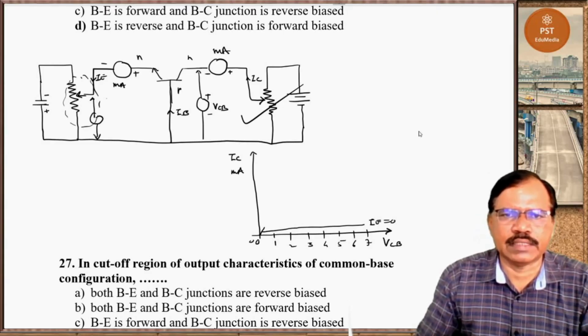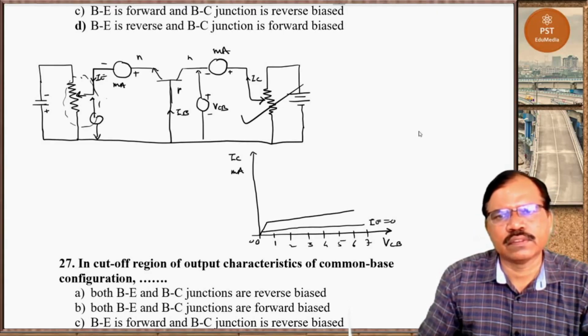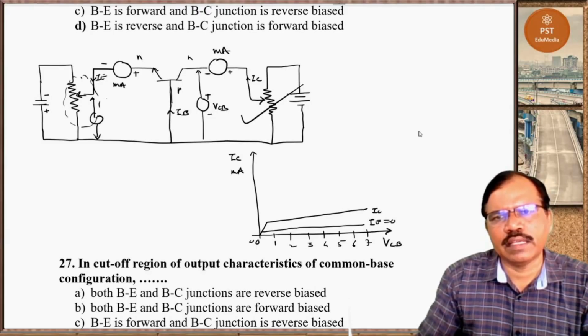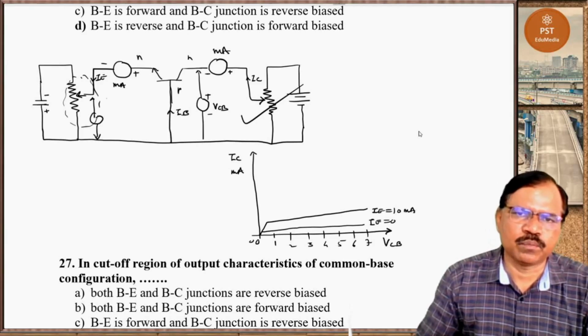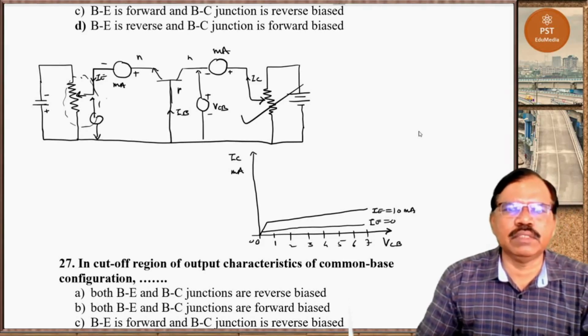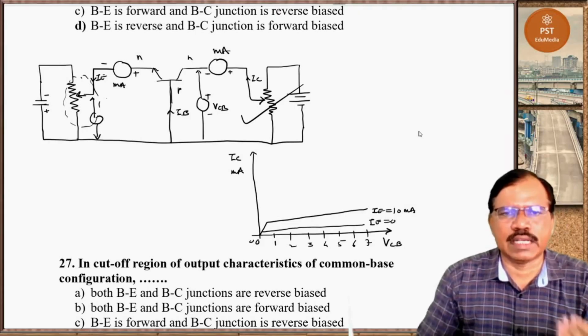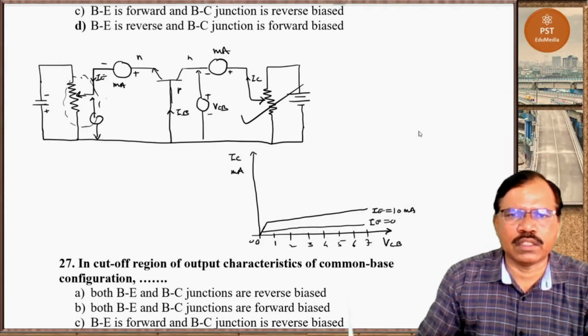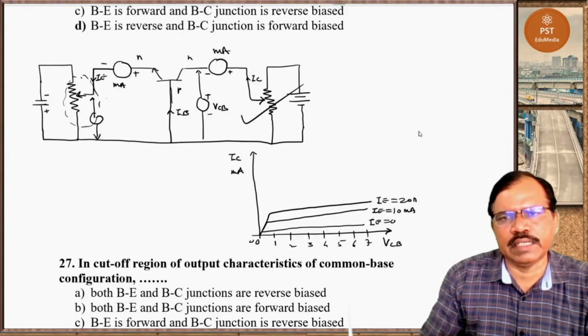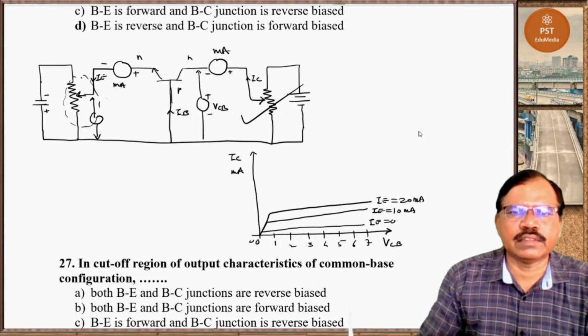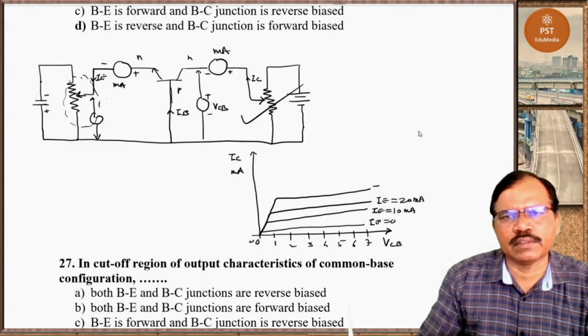Then we change IE to some higher value, keep it constant, go on changing VCB, measure IC. We get a graph like this. So this is for IE equal to, suppose, 10 milliampere. Then increase IE to some higher value, then change VCB from 0 to higher volt, measure IC, and draw that. You will get a graph like this, IE equal to suppose 20 milliampere. Then the same procedure is repeated for higher values of input current.